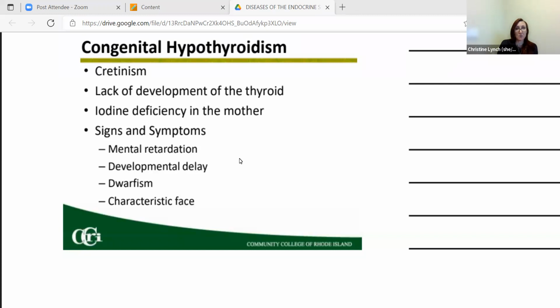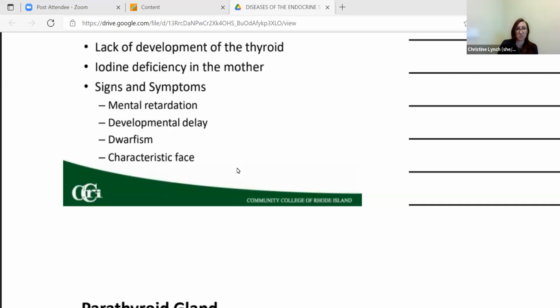So there can be developmental delay, as well as other signs and symptoms like dwarfism and characteristics like broad nose, small wide set eyes, puffy eyelids, protruding tongue, short forehead, and underdeveloped genitals. And then treatment is with thyroxine, and the sooner it's started, the better. But there can be fewer symptoms, and some, like intellectual development, can improve with early intervention.